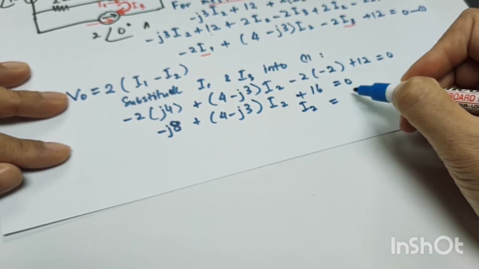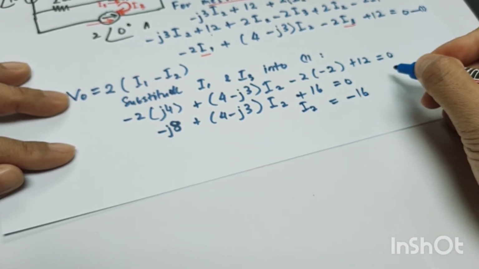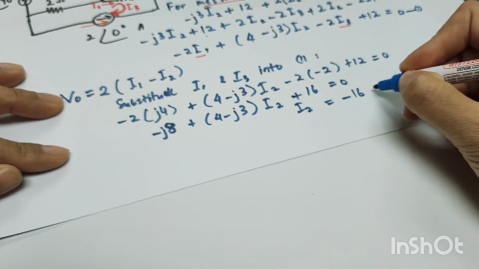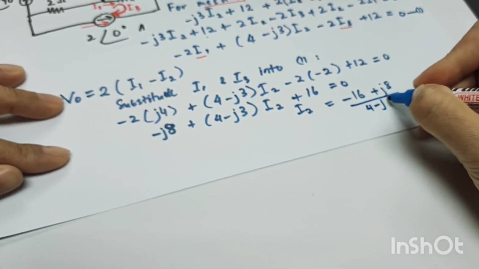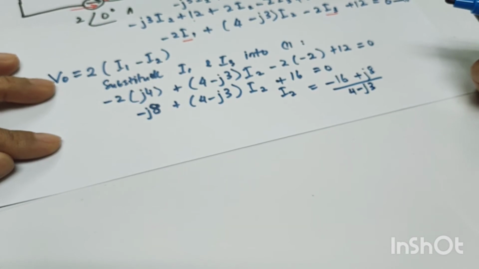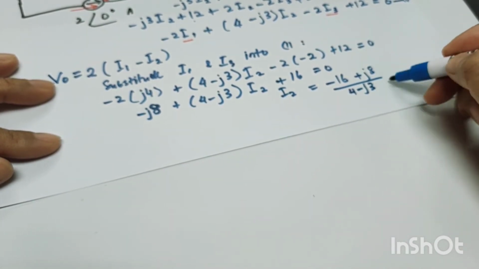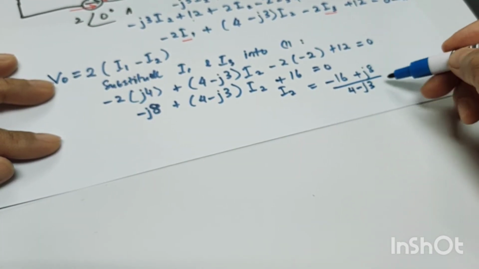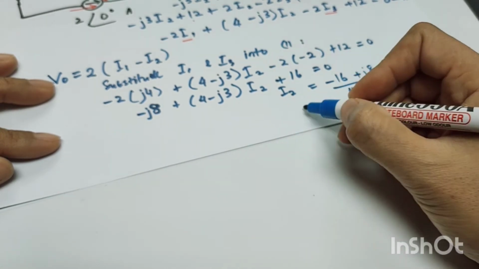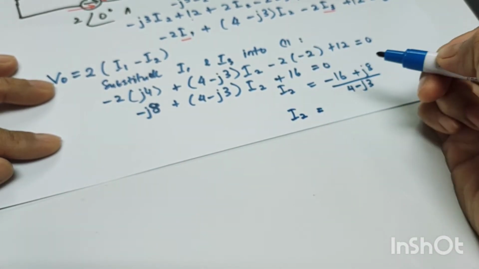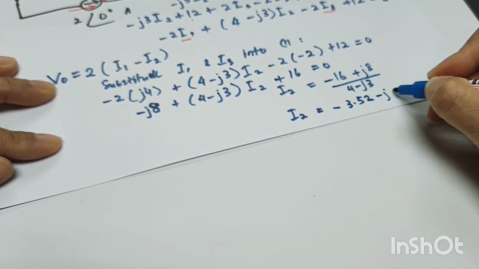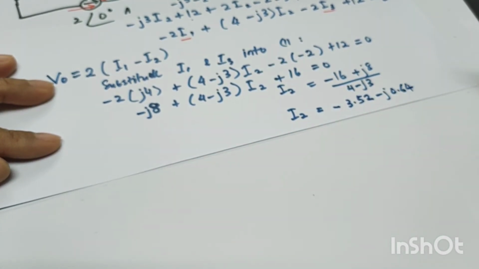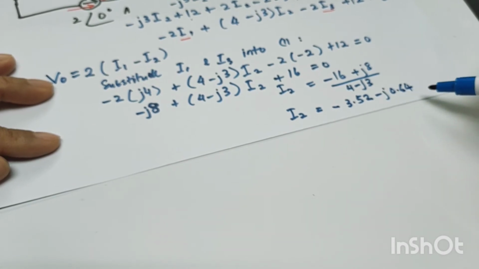I2 equals negative 16 plus j8, divided by 4 minus j3. We solve this complex number division, and you get I2 equal to negative 3.52 minus j0.64. This is the value that you should get.